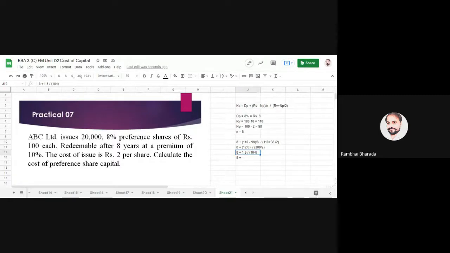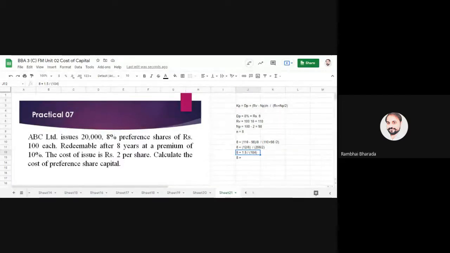First, number 1 is division, then multiplication, and after that addition and subtraction. Please remember this rule while doing the calculations.